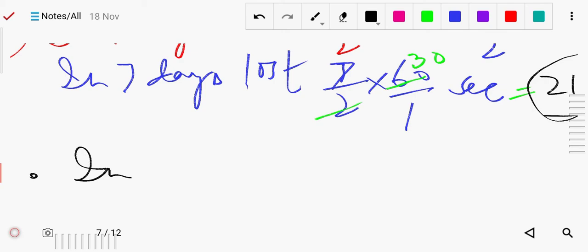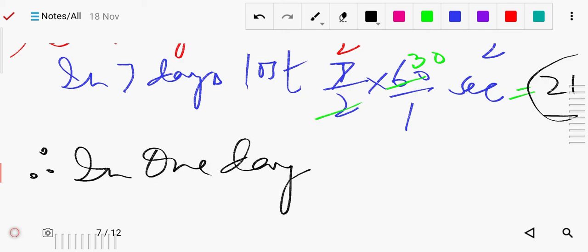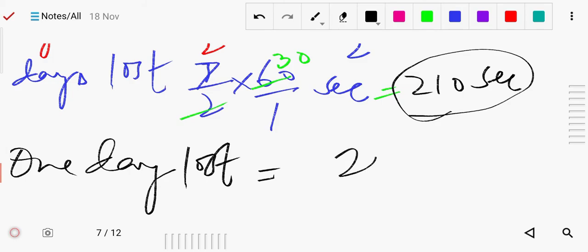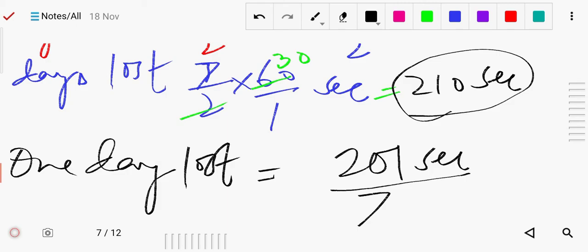So in one day, how much will it lose? So 210 seconds, and it is divided by 7, because in 7 days 210, so in one day it will divide by 7. So how many times? 3 times. Okay, here is 0, so 30.